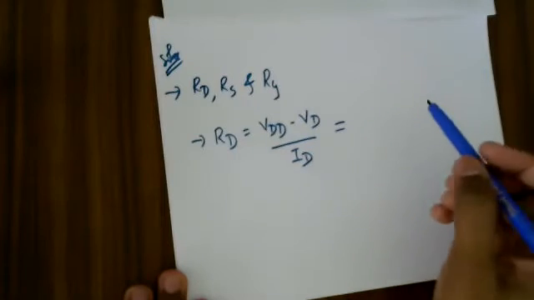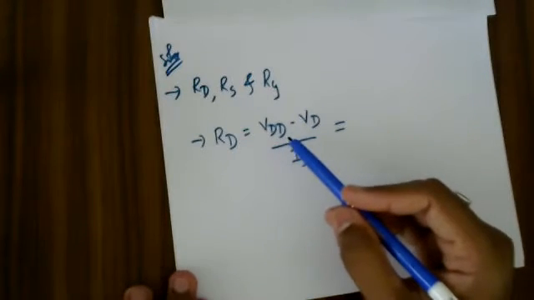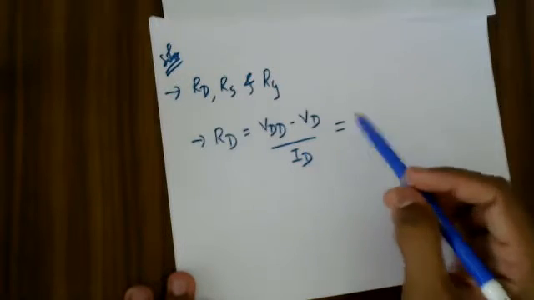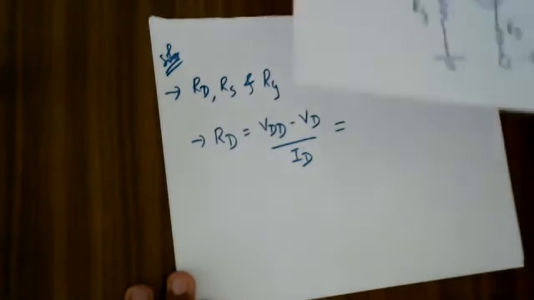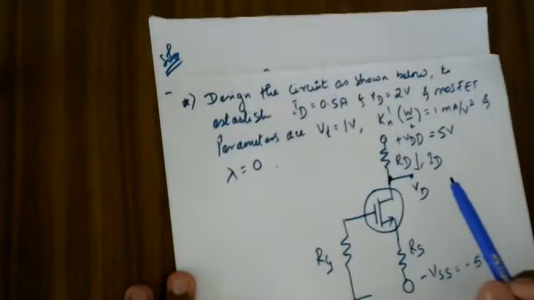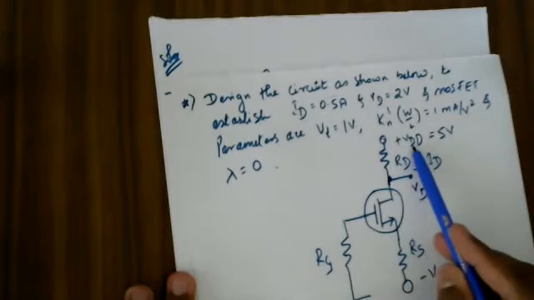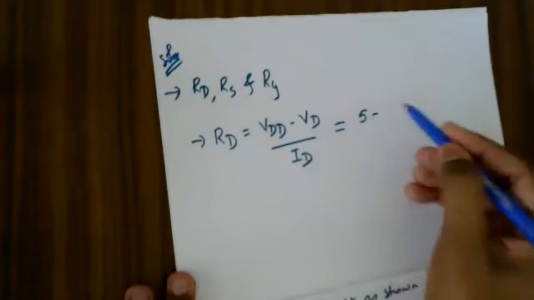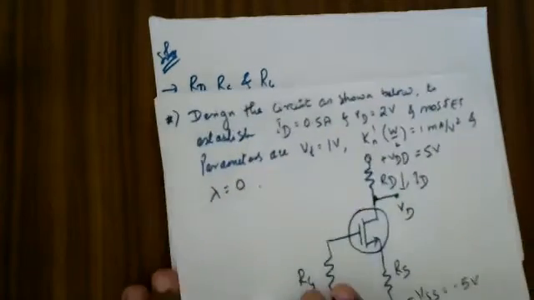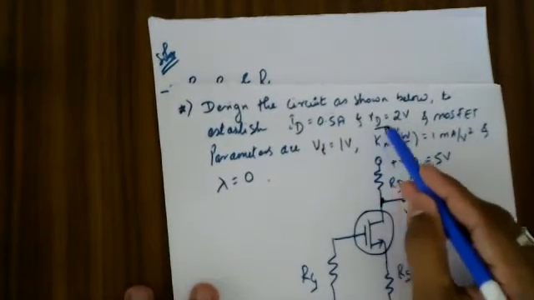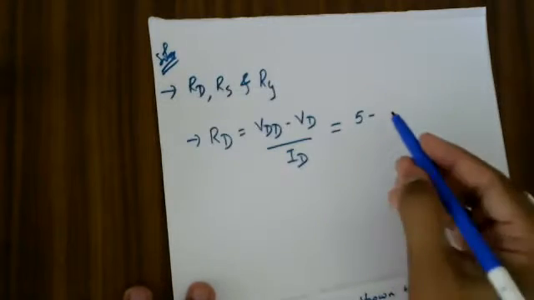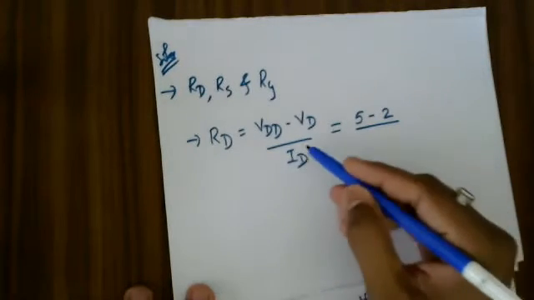Then I can write this as VDD. What's the value of VDD? The value of VDD is 5 volts, given in the numerical. 5 minus, what's the value of VD? The value of VD is 2 volts. So 5 minus 2 divided by ID.